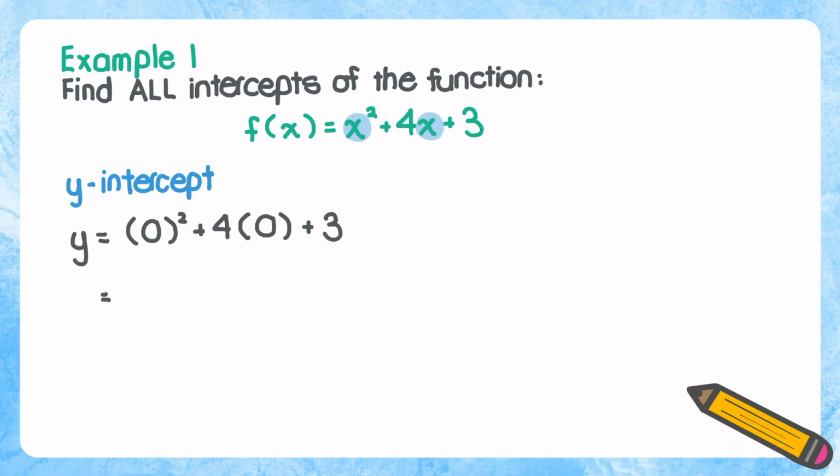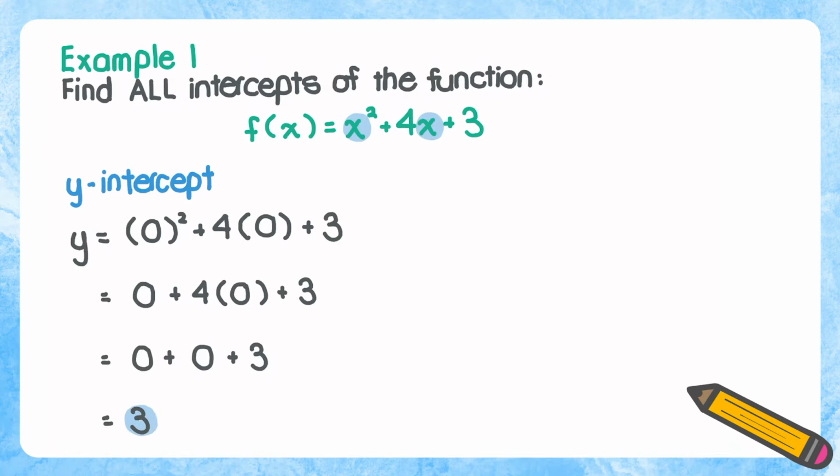So 0 squared is just 0. Plus 4 times 0 plus 3. Next we multiply. So 0 plus 4 times 0 is just 0 plus 3. 0 plus 0 plus 3 is 3, so y equals 3.